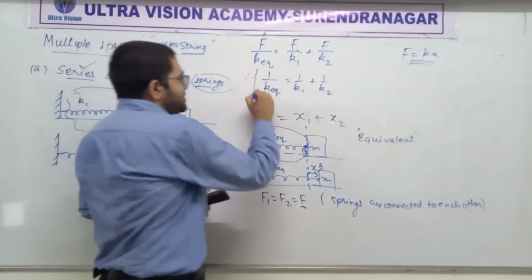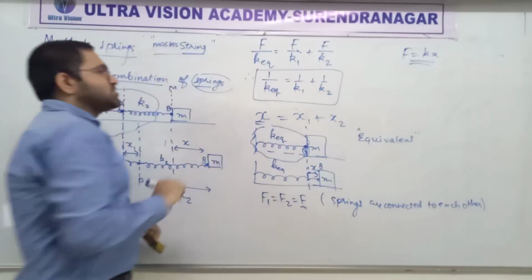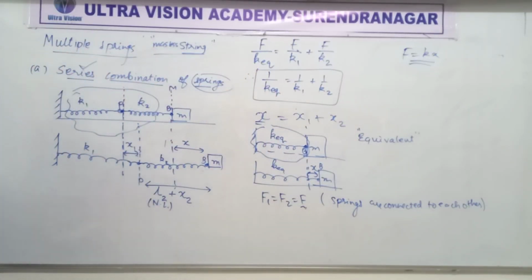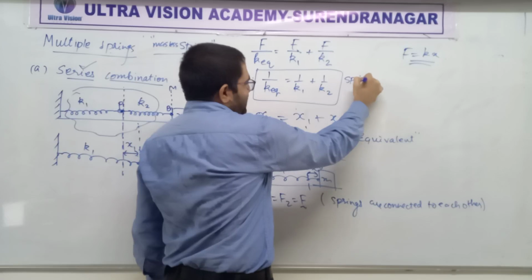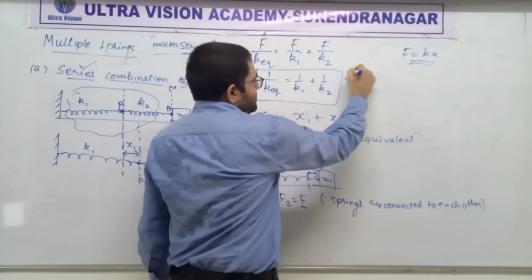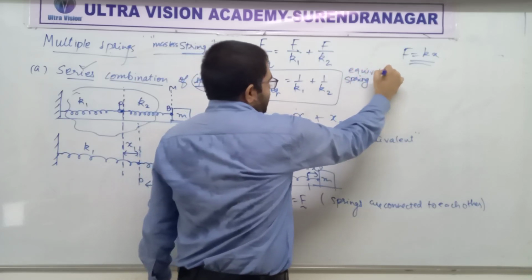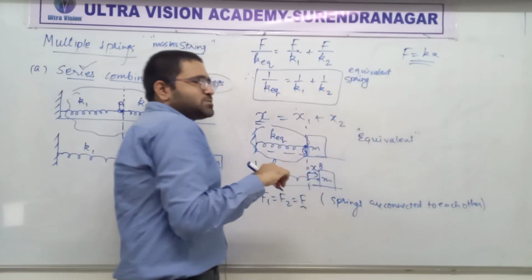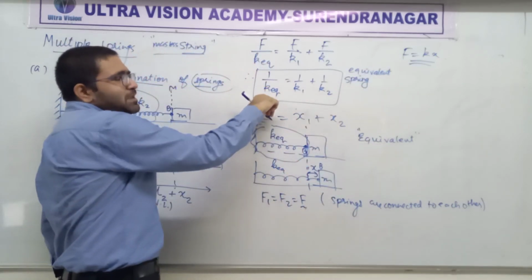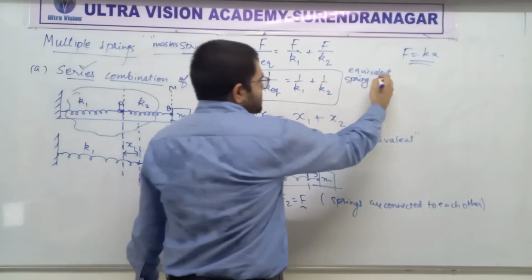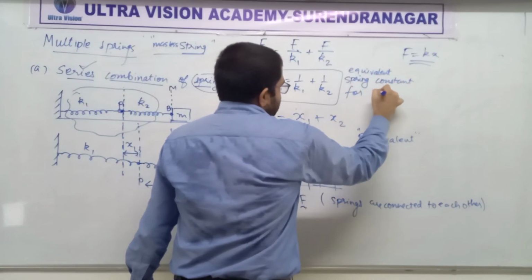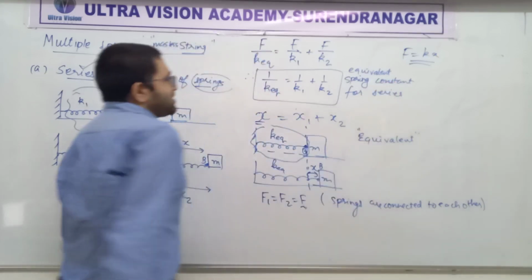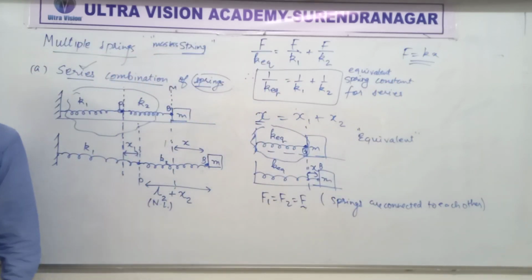Is it clear? So Adisera, this is the answer to what you are saying. Would these behave like one spring? Yes. But its spring constant can be found like this. So this is the equivalent spring constant for series.